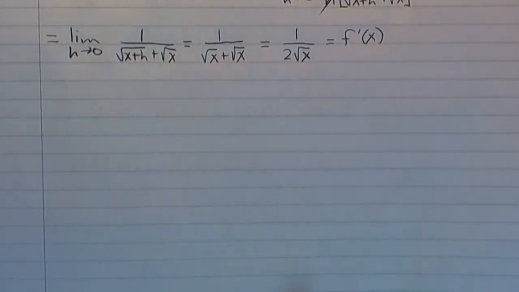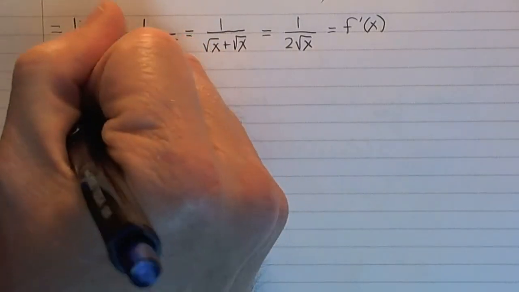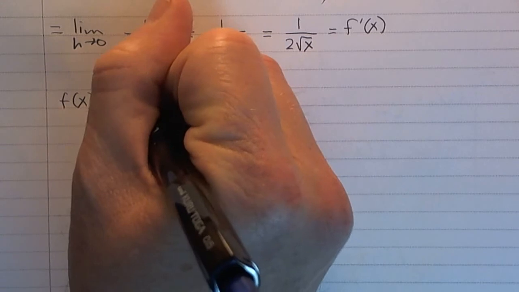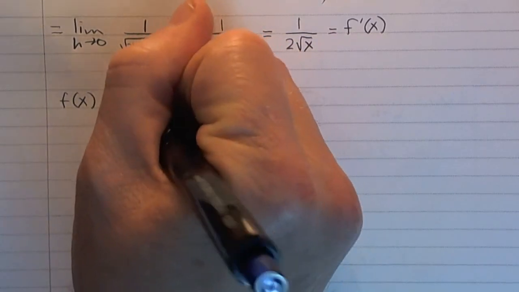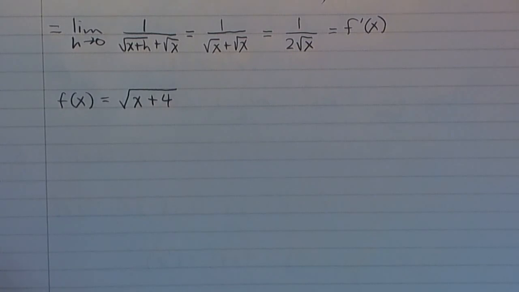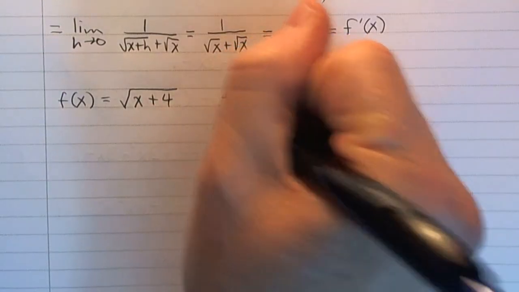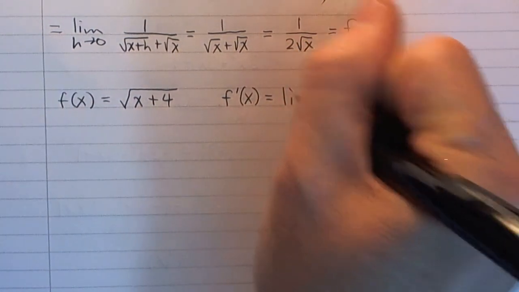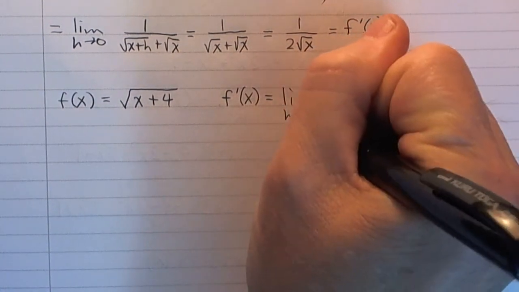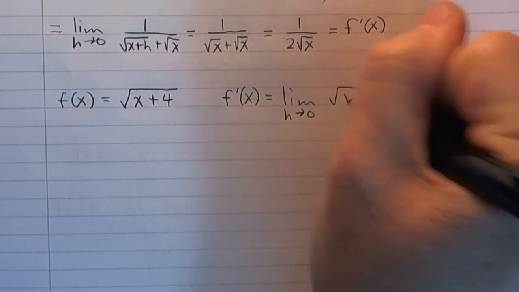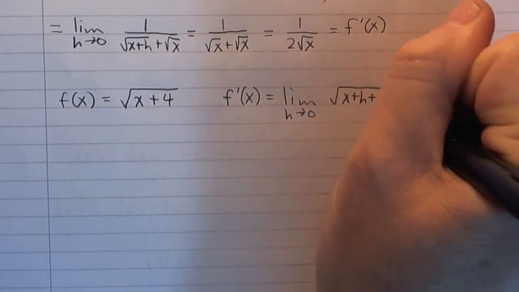Okay, so let's look at another one like that. Let's suppose that f of x is equal to the square root of x plus 4, something like that. So here we go. The derivative is going to be the limit as h goes to 0 of the square root of x plus h plus 4.